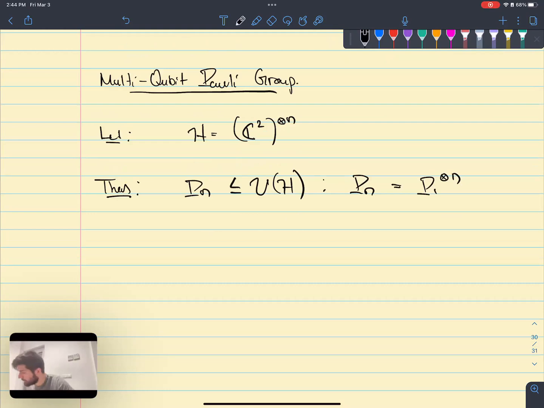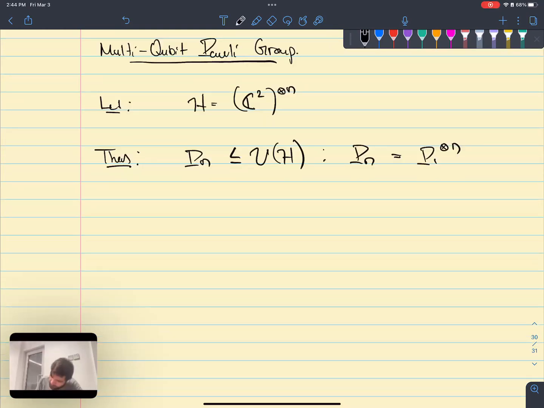As an example, if G is in the n-qubit Pauli group, then you have something like the following. G equals some overall phase, plus or minus i, plus or minus 1.